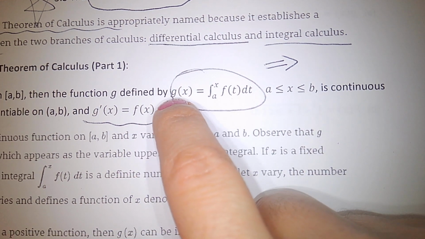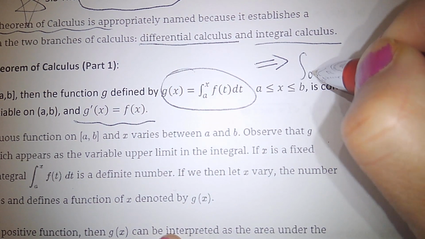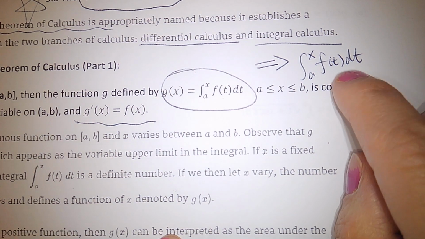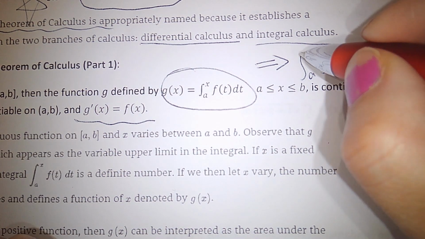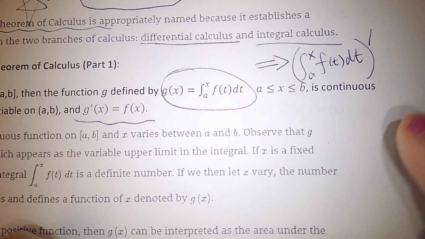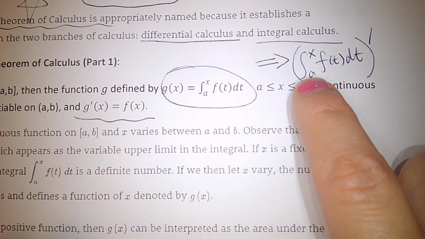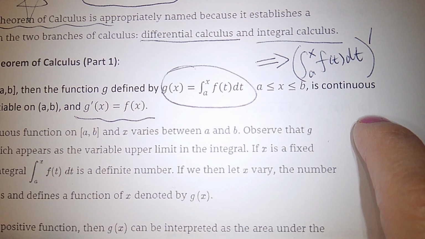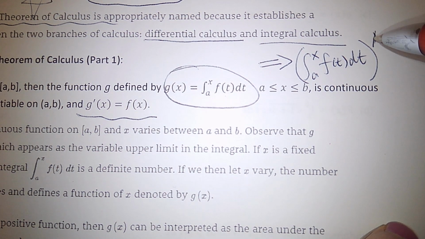So g of x equals the integral from a to x of f of t dt, right? This is g of x. What is the derivative of g? It's f of x. Prime means derivative, okay?